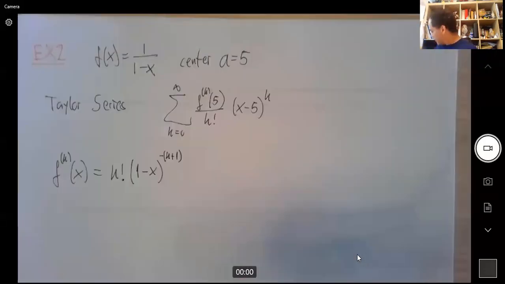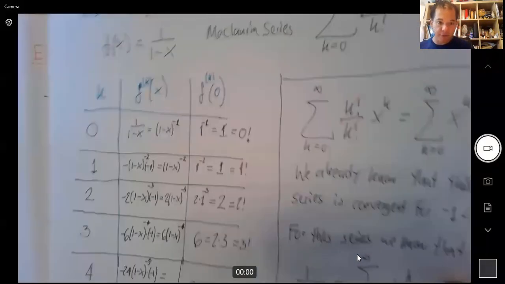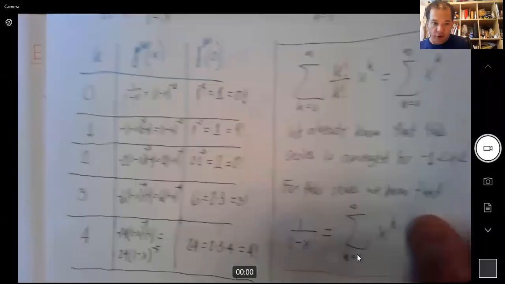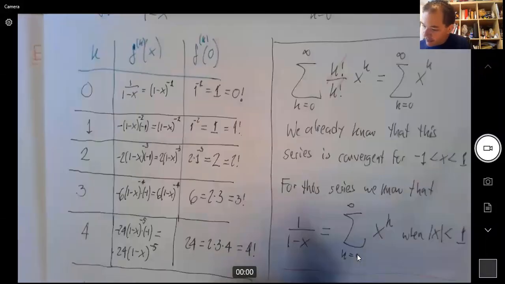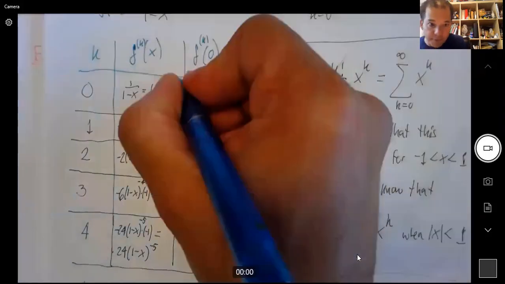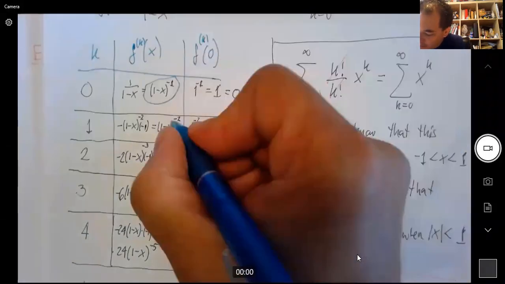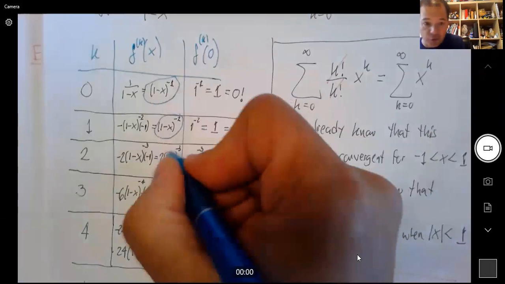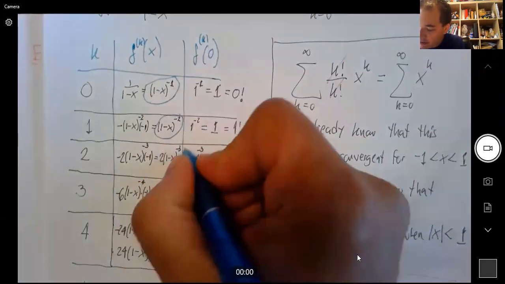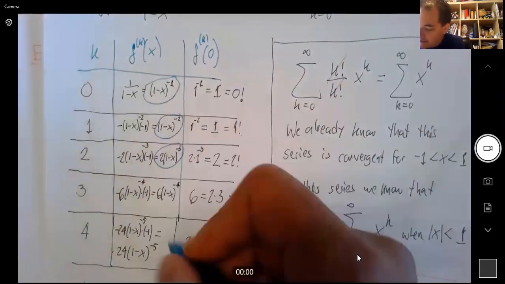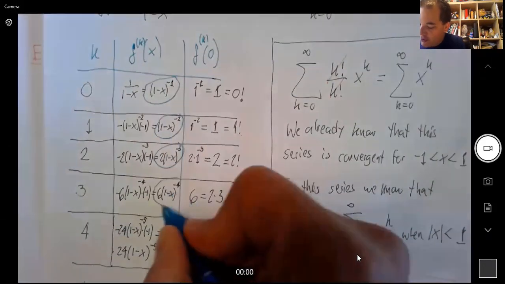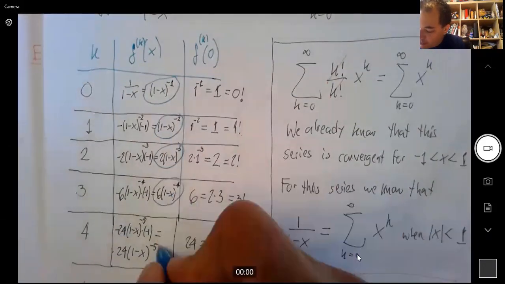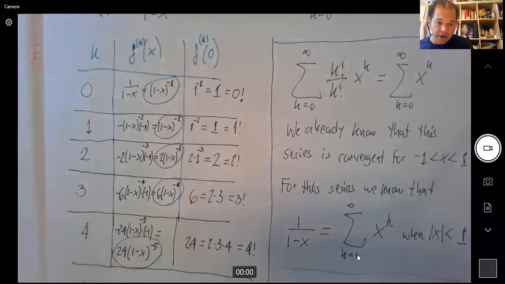Right? Let me show you that that conforms to the pattern we had found before. Look at these ones here. So it's 1 minus x to the negative 1, 1 minus x to the negative 2, 2, that's 2 factorial, times 1 minus x to the negative 3, 6 times 1 minus x to the negative 4, 24 times 1 minus x to the negative 5, right? So the pattern is the one that we were discussing.